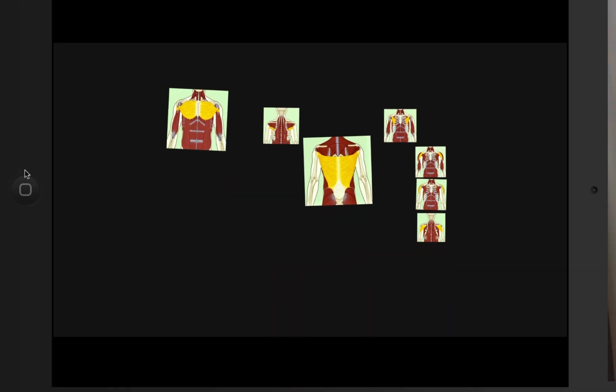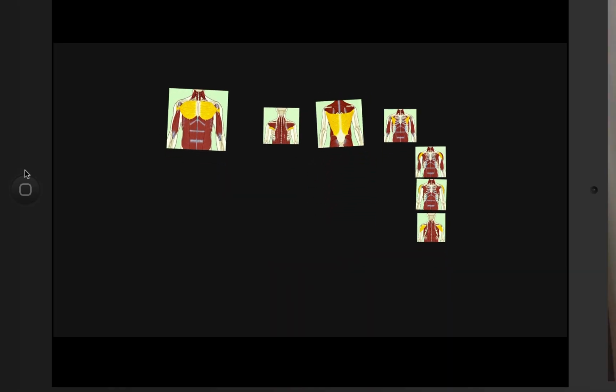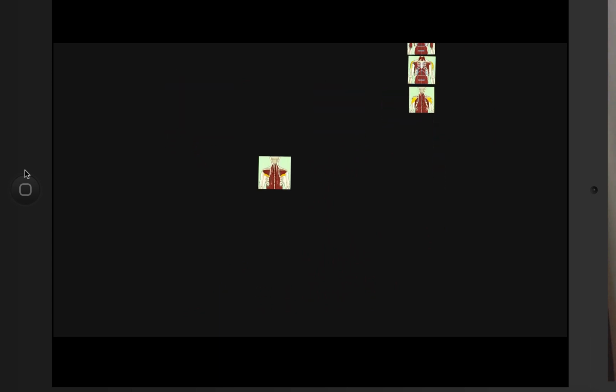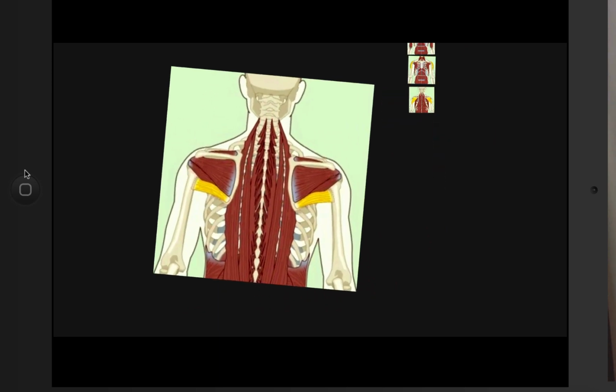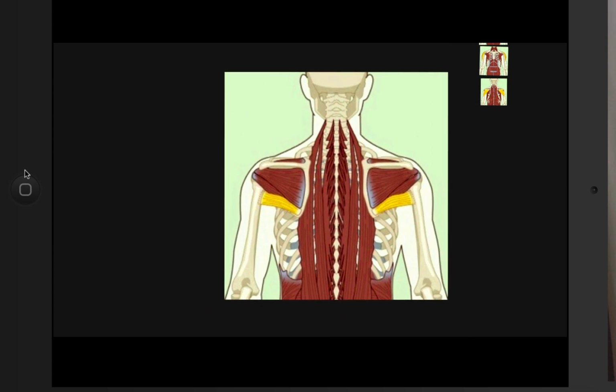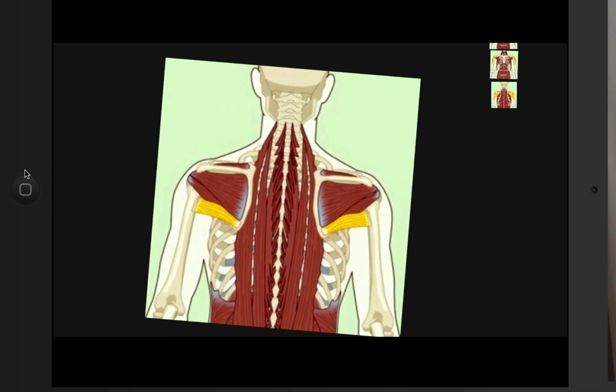All right. So what's interesting here is that each of the muscles we just went over has a little brother. So let me move the lats out of the way here, and I'm going to pull up the lats' little brother. Often the teres major is referred to as the lats' little brother.